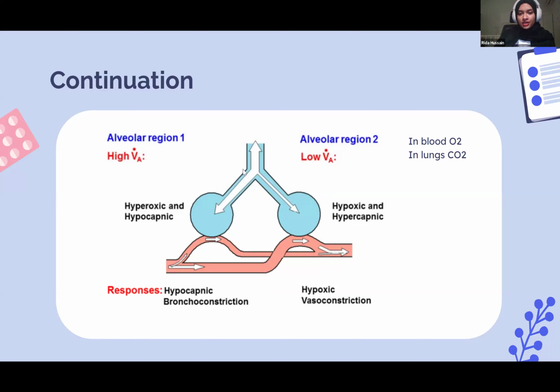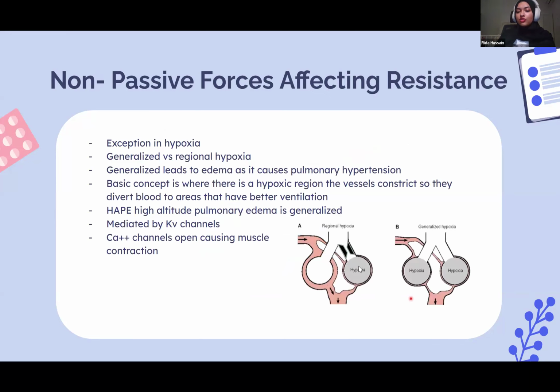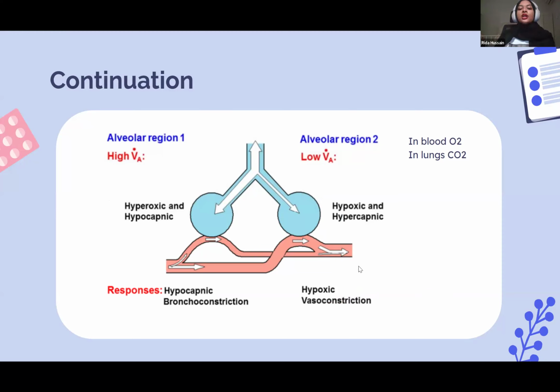So over here, as you can see from the arrow, there is less ventilation. The blood vessel senses that there is hypoxia over here, and it causes this blood vessel to shrink up and this one to thicken up because this has more ventilation. We already discussed this over here. Same concept.